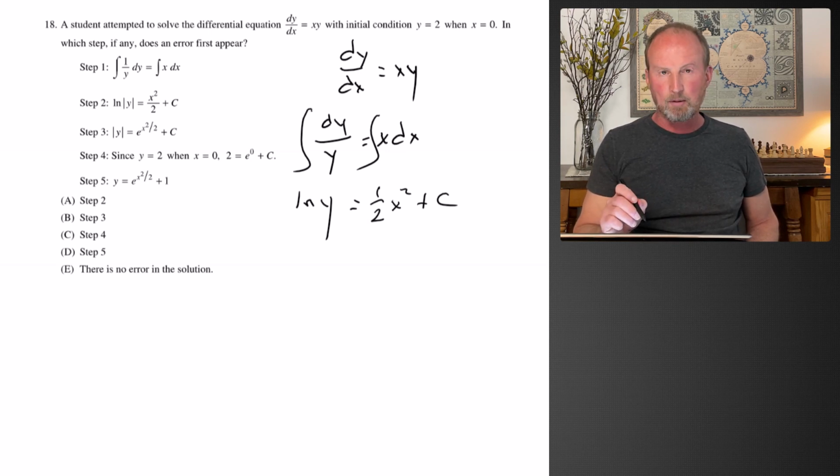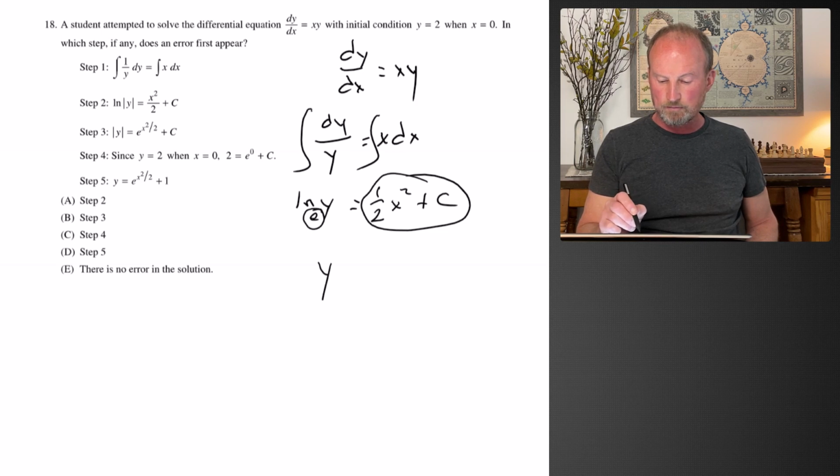Step 3, I'm going to solve for y. I have to get rid of the natural log. To do that, I'm going to switch forms. Natural log has an e sitting down here, so it's e to this power equals y. So y equals e raised to the 1/2 x squared plus c.